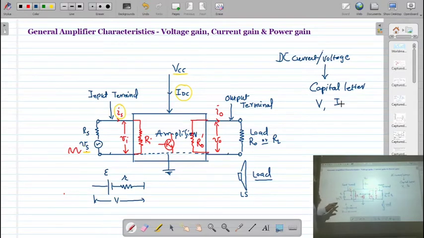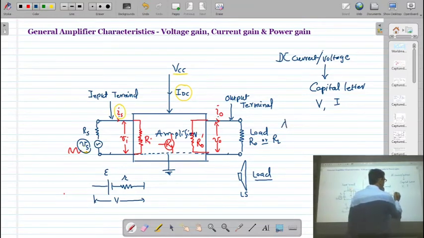Then if you are talking about an AC current, the AC current is the instantaneous current. It is changing with time. So here you can see I am using a small letter. This input current is an AC current, so I am using a small i. The output current is also an AC current, so there we are using a small letter.